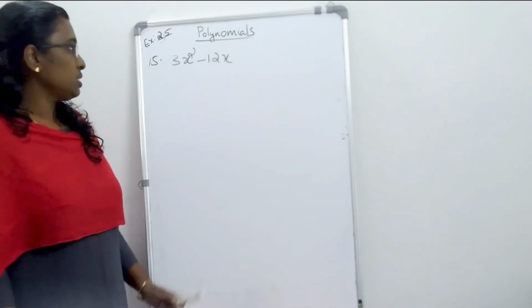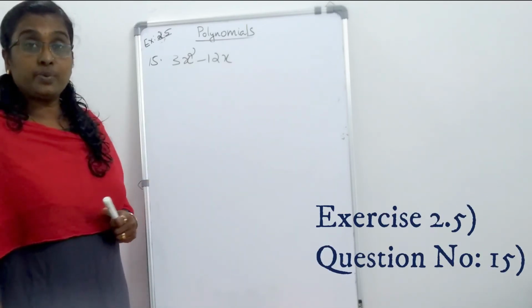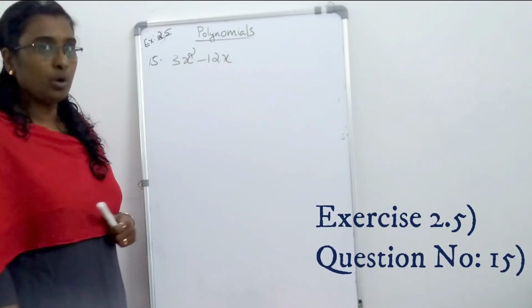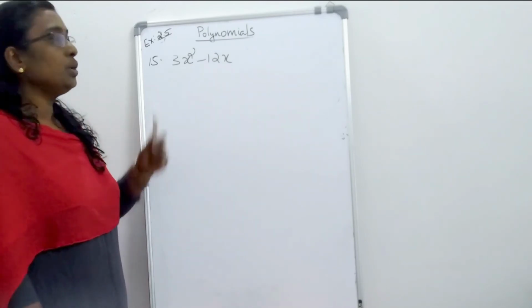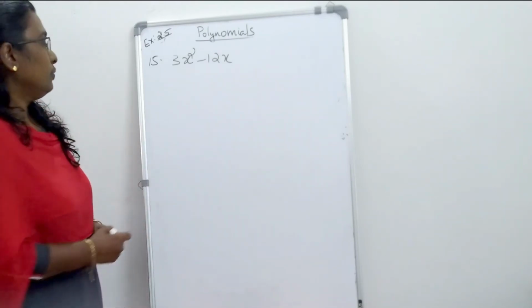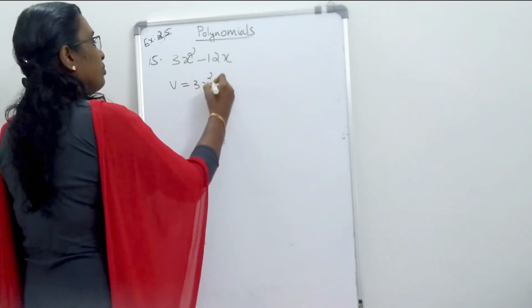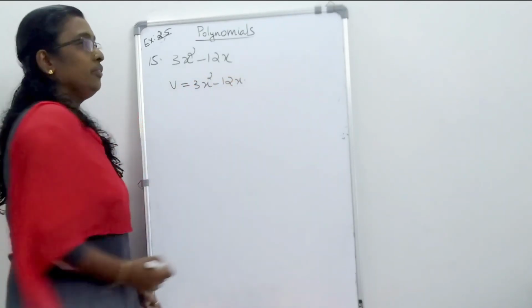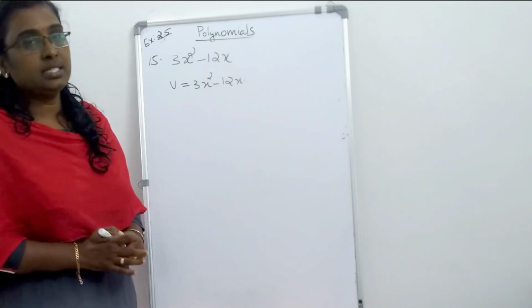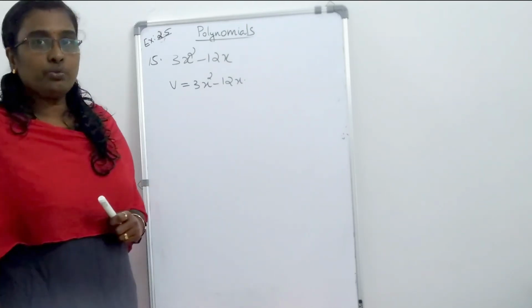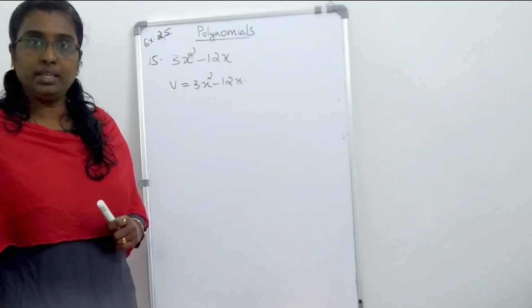The next question is, find the possible expression for the dimensions of a cuboid if the volume is given. The volume of a cuboid is 3x square minus 12x. We have to find the dimensions. What are the dimensions of a cuboid? Length, breadth and height.